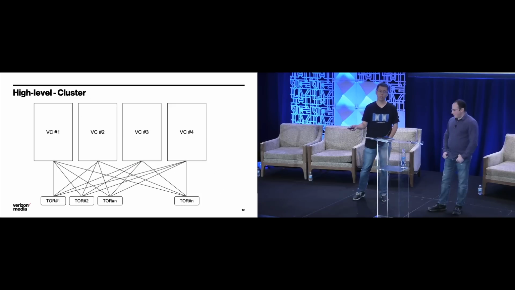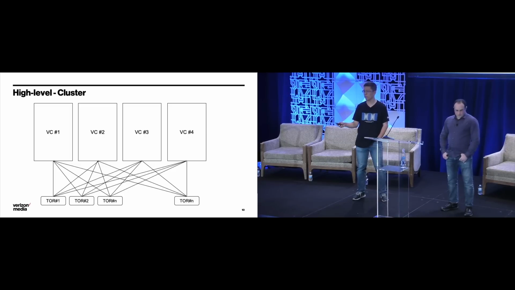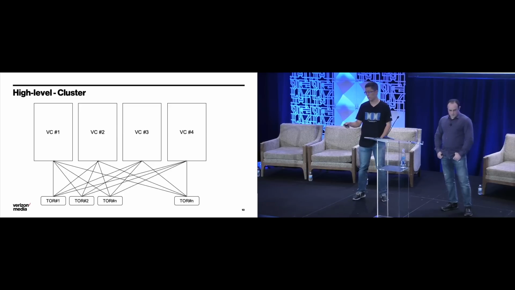So zooming down to each of the clusters, they have a number of VCs, and the typical number of VCs in our environment is 4. Each of the TORs is interconnected with each of these VCs. The number of TORs in each of the clusters varies, and the typical size is 512.